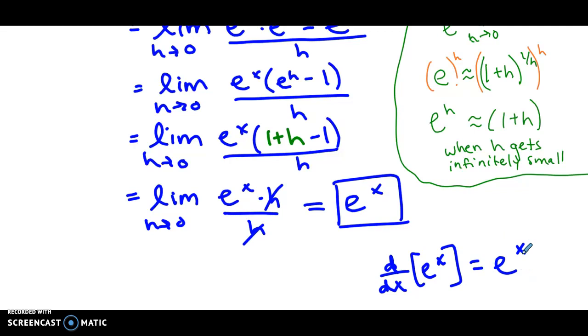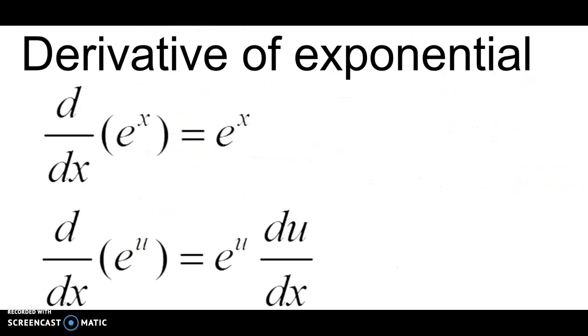Pretty cool. Now, like I said, I'm not ever going to ask you guys to reproduce this, but it's just something that I wanted to show you to help us understand what the derivative of an exponential is. So, now, one thing that I want to let you guys know is that this exponential with a base of e is the only function that has this property, that its derivative is itself.